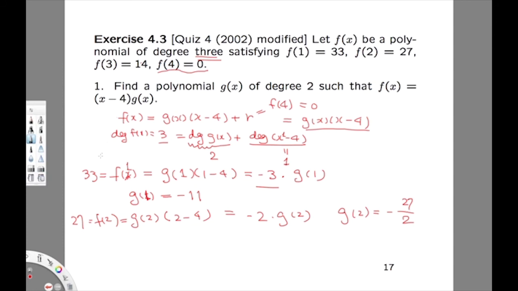Then what about f of 3? f of 3 is 14. So you get 14 is equal to f of 3, and this is g of 3 times 3 minus 4. So this is minus g of 3, so g of 3 is equal to minus 14.